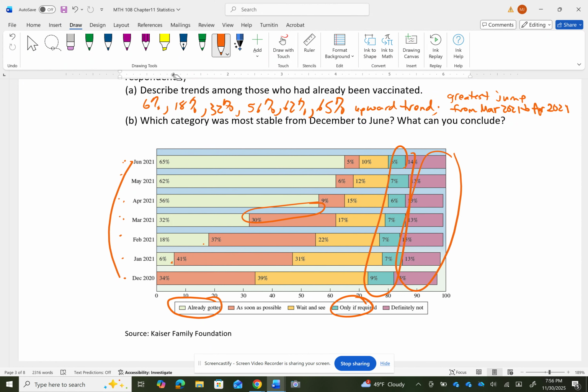That one fluctuates just from, let's see, what was that number? 13 to 15%, and this one fluctuates from like 6 to 9. So both of those are pretty stable, okay? So the only if required and the definitely not categories seem to be fairly stable.